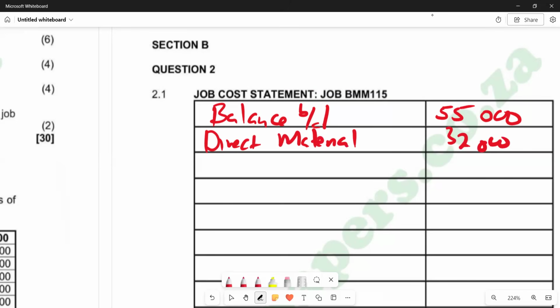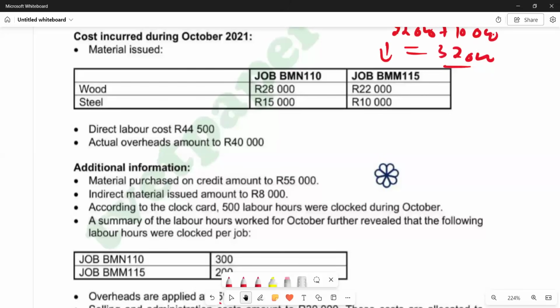Next, we have direct labor. So we're going to check what we have in terms of direct labor. If you go back to the additional information, you'll see that direct labor cost is given as 44,500. So we're given it as one figure. It's not allocated in terms of job BMM 110 and job BMM 115. So we're going to use the proportion of labor hours.